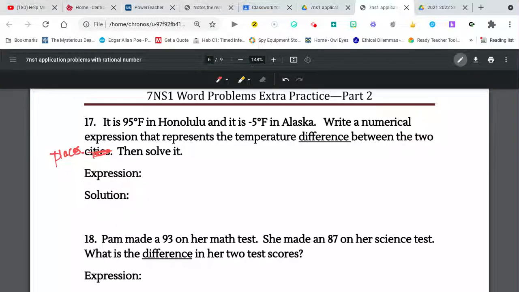All right, now, there's the word difference sitting right there, okay? Difference means you're going to subtract, guys. This doesn't involve order. I don't know if we went from Honolulu to Alaska or Alaska to Honolulu, because order is not involved.